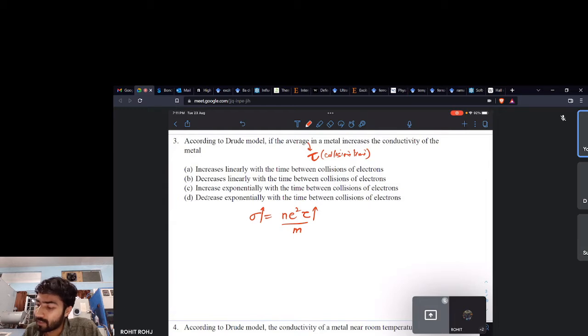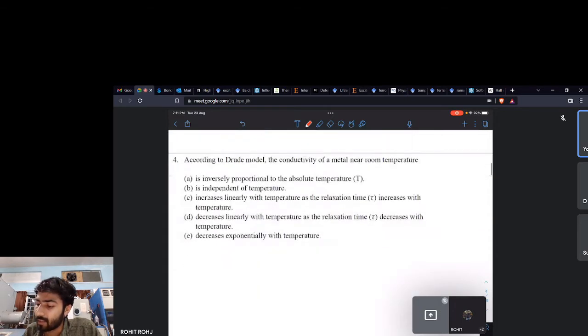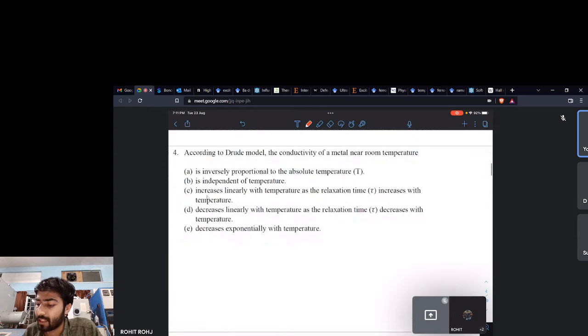So conductivity increases linearly with the collision time between the two collisions. Now the other question says, according to Drude model, conductivity of metal near room temperature.